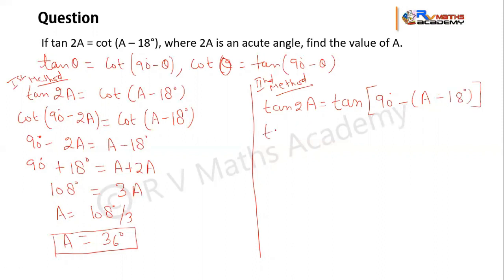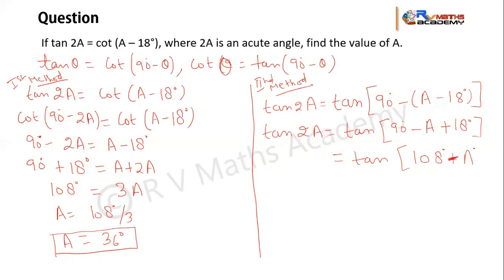Now, we can write it as tan 2A is equal to tan. Now, according to BODMAS rule, first we will open the small bracket, that is minus A plus 18. So when you solve it, you will get tan 90 plus 18, that is 108 degree, and this is minus A.